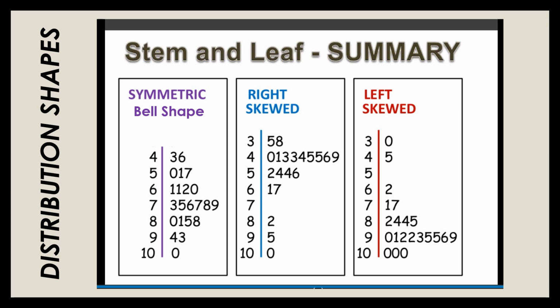Right skewed: there are more values with the lower numbers, and then the tail goes to the higher numbers, which is right skewed or positively skewed. On the last one, there are more data values in the higher values, and it tapers off to the lower values. That's where the tail would be, and that is left skewed.